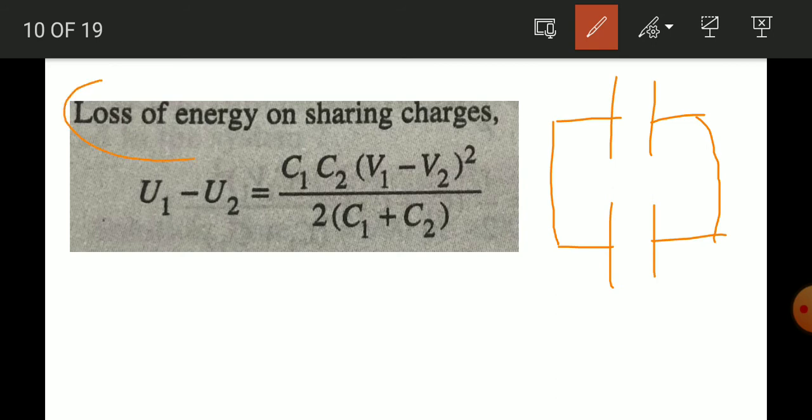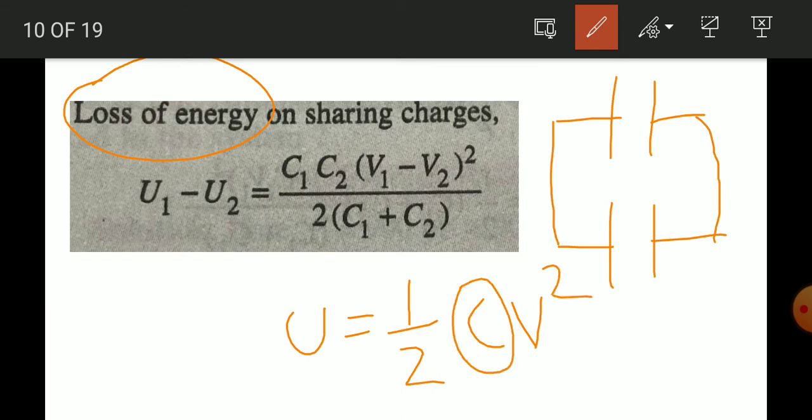During this process there is a loss of energy, and this is the formula. All the formulas look like basic formulas. As you can see, capacitance is coming, the 1 by 2 factor is coming, and potential difference square is also coming. Let me show you some numericals based on this topic.